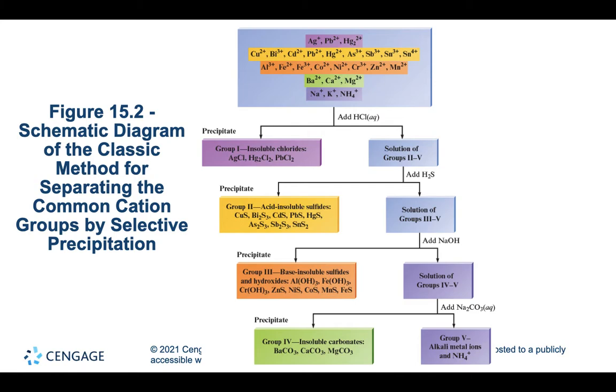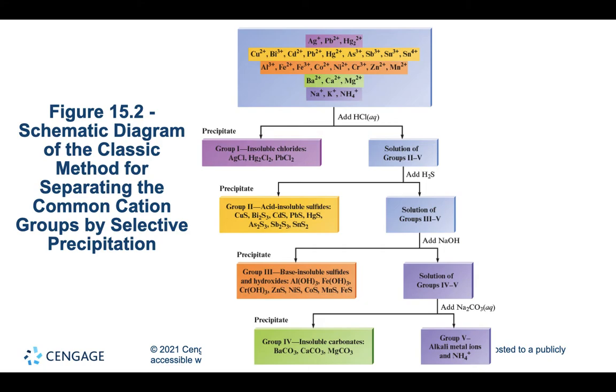Then all you have left is your group 4s and 5s, and to that liquid you would add some sodium carbonate, which would then precipitate out your barium carbonate, your calcium carbonate, and your magnesium carbonate, but your sodiums and potassiums and lithiums and ammoniums would still be soluble, and they would remain in solution.